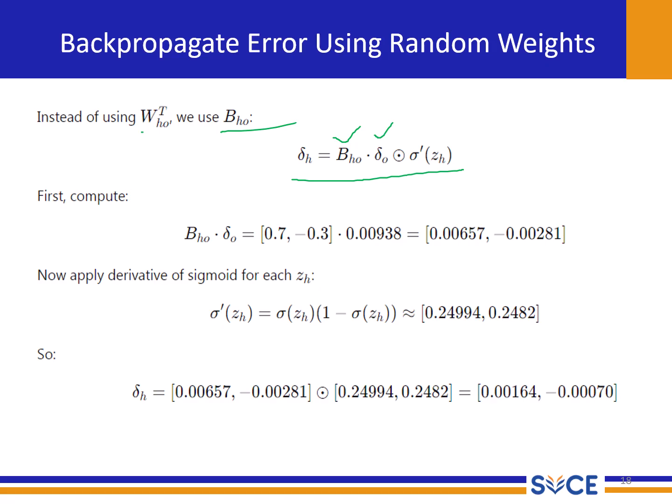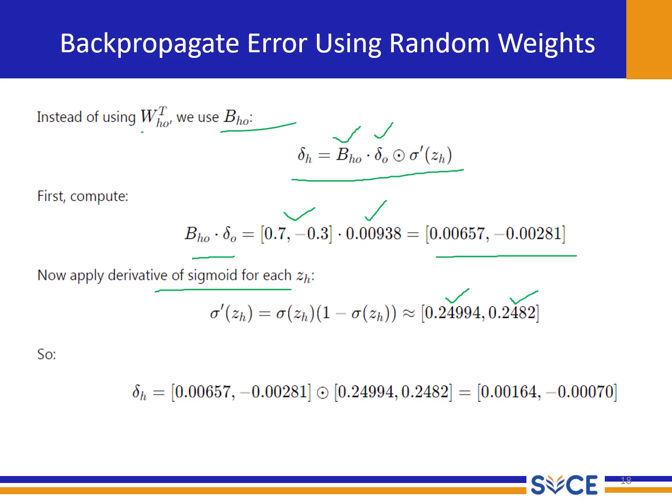First, this will compute BHO times delta O. This is the random weight matrix multiplied by the value which we have seen in the previous step, 0.00938, and we are getting these values. Now this will apply the derivative of sigmoid for each ZH, and we are getting the values 0.24994 and 0.2482.